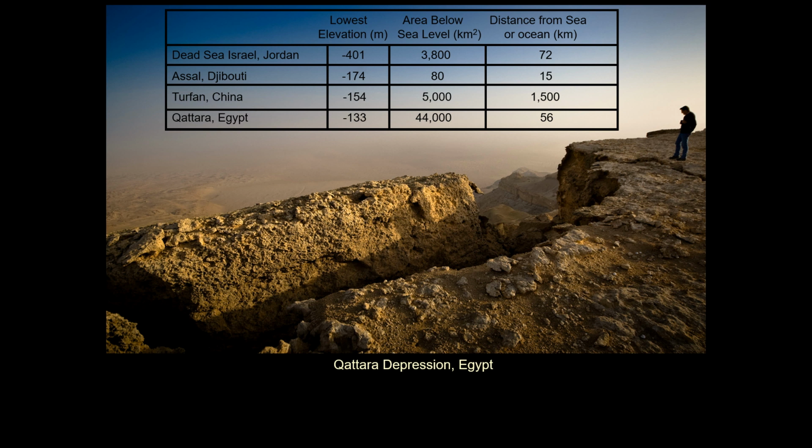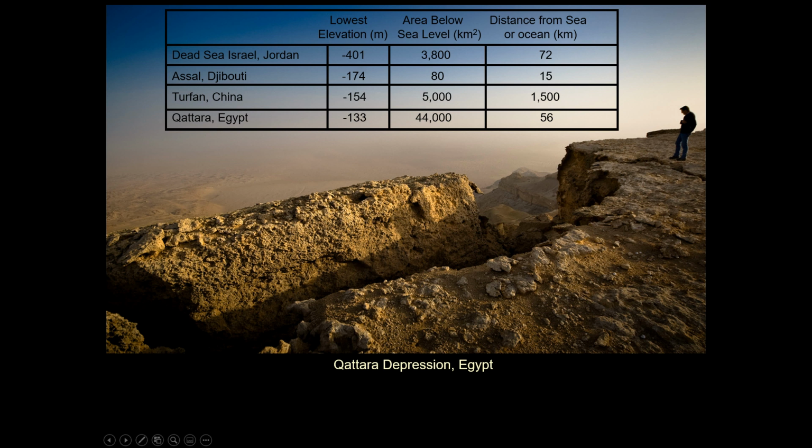The Qattara Depression in Egypt is an amazing place. Quite a bit of the Qattara Depression is below sea level, so materials have been picked up and carried away. Just to show you a comparison of depths, much of the depression is at around 133 meters below sea level.